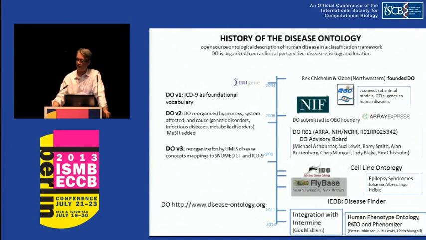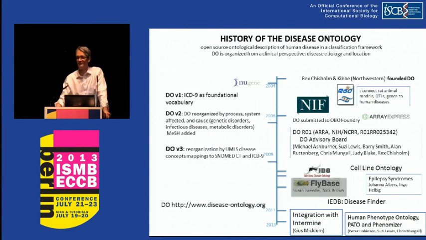One of them was when we started, we tried using ICD as the framework for disease ontology. ICD is the International Classification of Disease. And I have to say it was an utter failure to try to use ICD as a backbone for an ontology because it's just not organized appropriately. So we rethought all that and we tried it again, and again we failed.